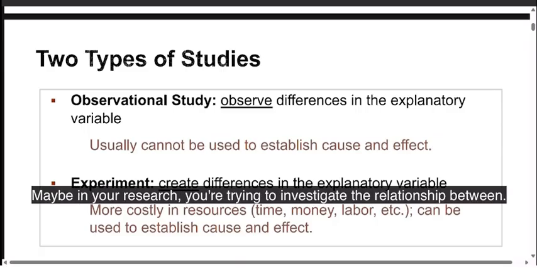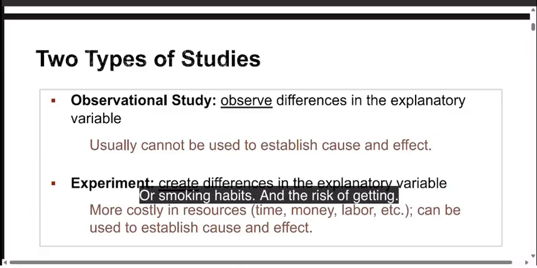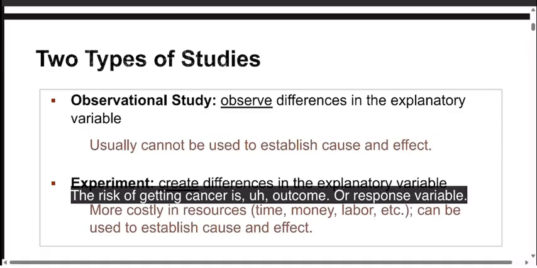Maybe in your research, you're investigating the relationship between smoking habits and the risk of getting cancer. The smoking habit is the explanatory variable. The risk of getting cancer is the outcome or response variable.